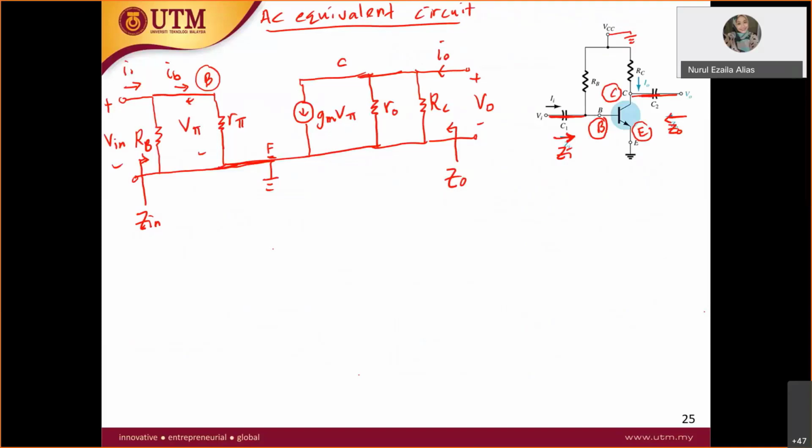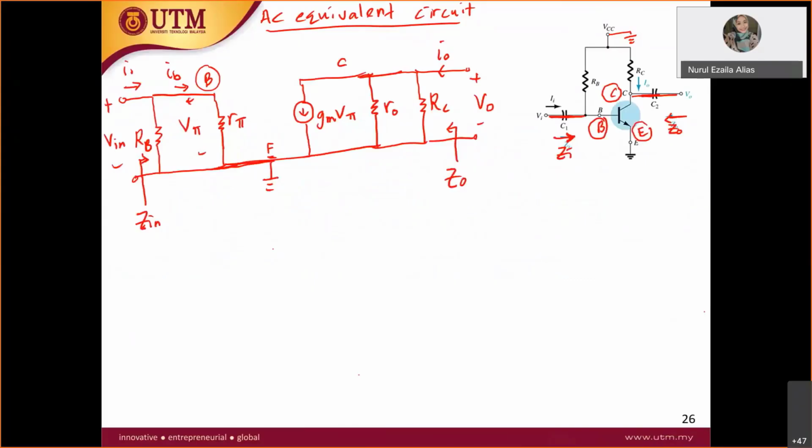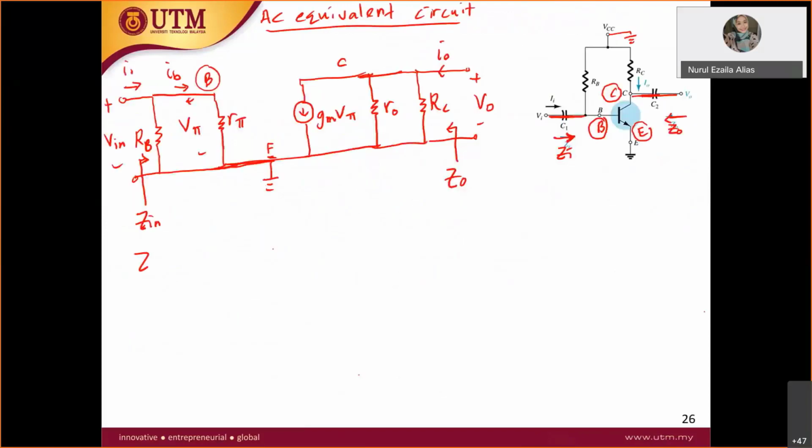Let's take a look at the Z in. Z in is the total input impedance, meaning the total resistance that you see from this Z in point. What are you seeing, the resistors here?